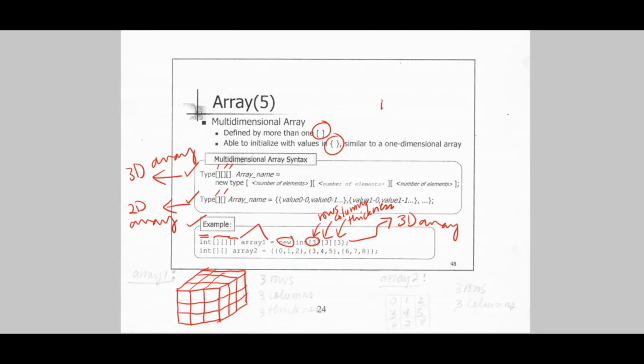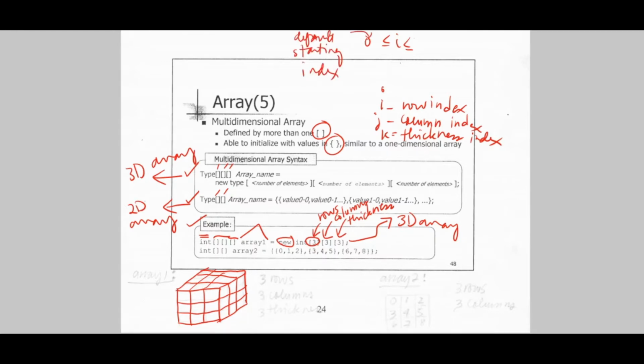If we let i be the row index, j be the column index, and k be the thickness index, then your i would be from 0, okay, that's the default starting index.